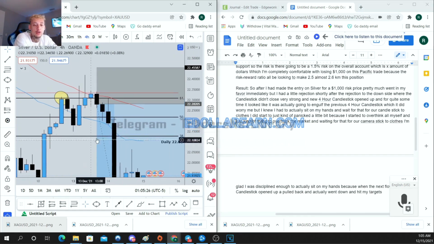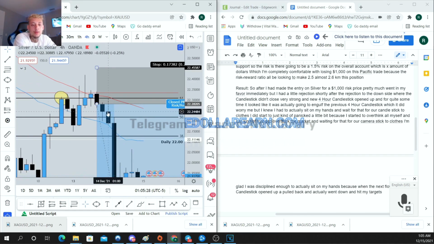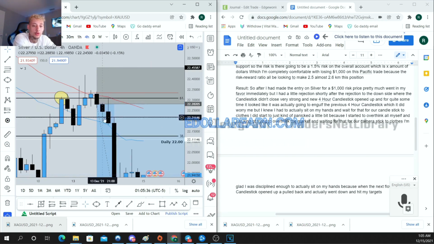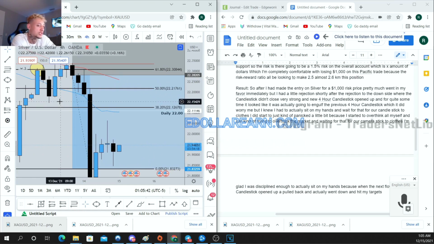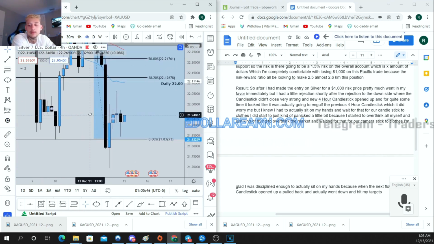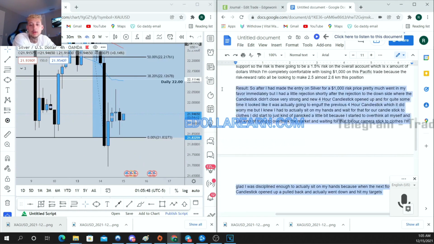Just like how I said here, it's just kind of a made-up example. But when price pulled back and I was in break even, or I was in drawdown after being in profit, I started to worry a little bit because it looked like it was forming a bullish engulfing candlestick. But ultimately, I waited for the candlestick to actually close, where it closed bearish, and my emotions calmed down a little bit. Then the next candlestick went directly to take profit, where I had closed my target there.